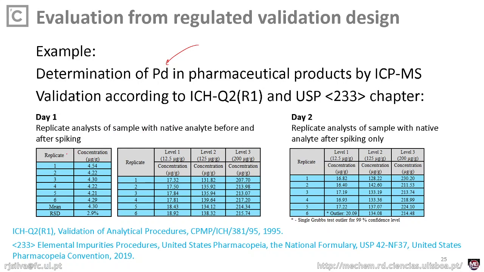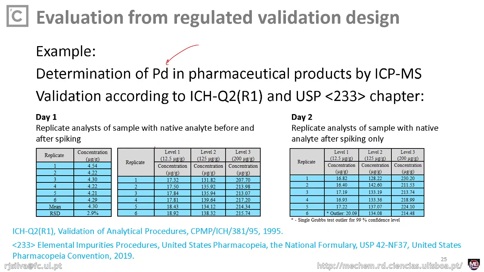And you do it in repeatability conditions, so same day, and then you have the spiked samples, and in the second day you analyze the spiked samples, and you don't analyze in that day the native mass fraction anymore.